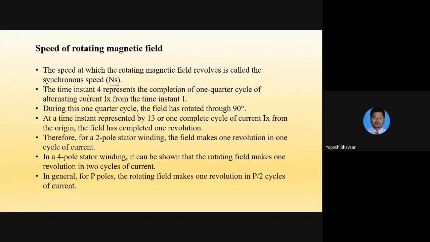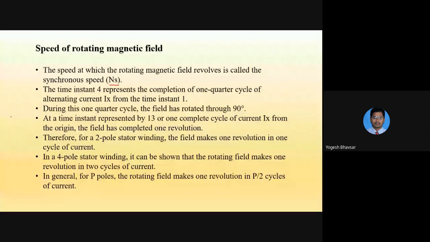The time instant represents the completion of 1 quarter cycle of alternating current Ix from the time instant. तर 4 instant बघितले आपण तर त्याच्यात शिफ्टिंग किती आहे 1 quarter cycle म्हणजे 90 degree. The field is rotated through 90 degree.